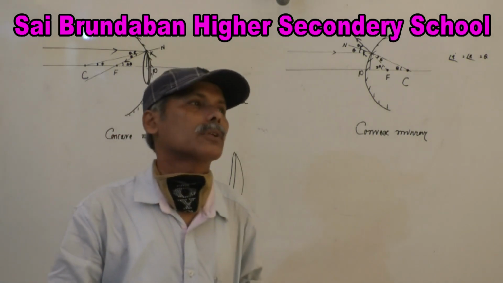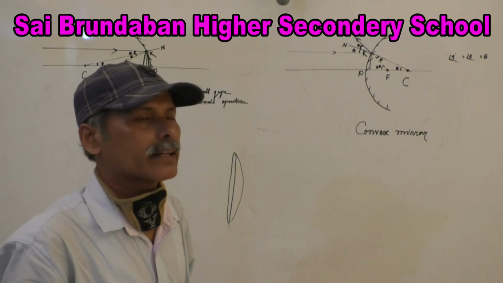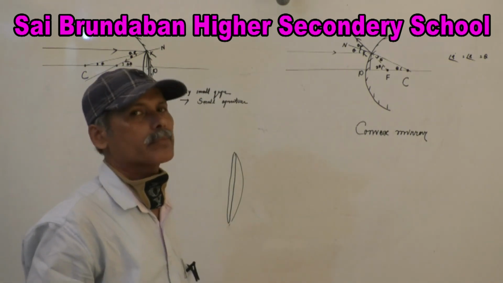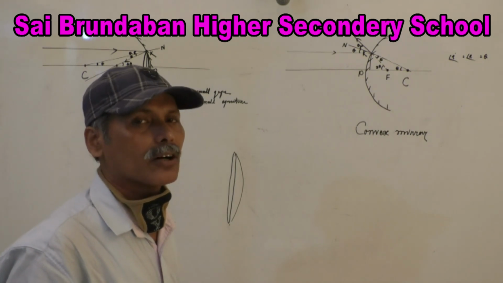So, while we draw the ray diagram in case of reflection, we must take the mirror of small aperture.